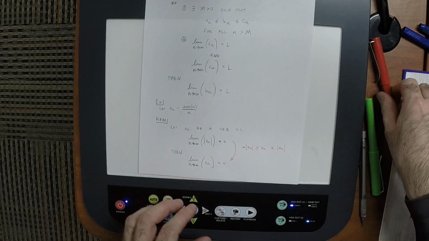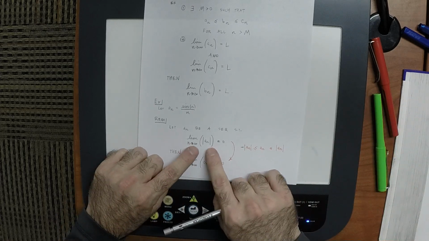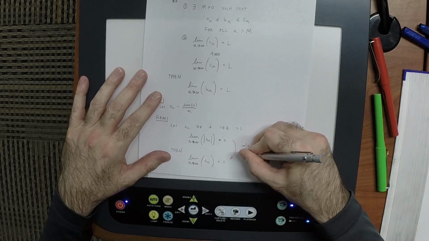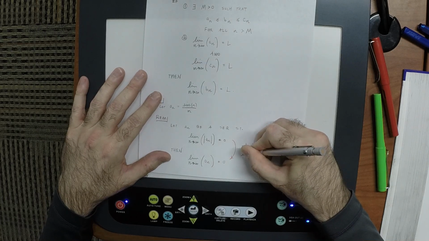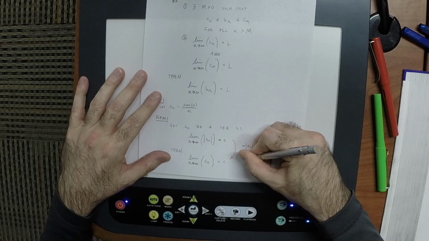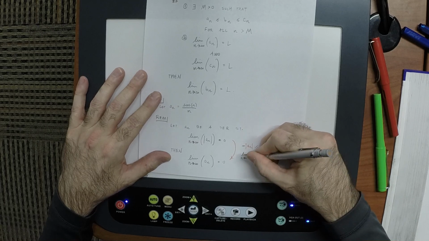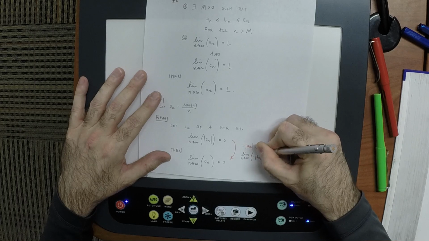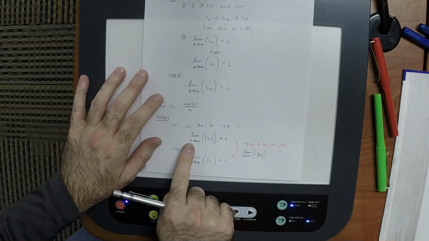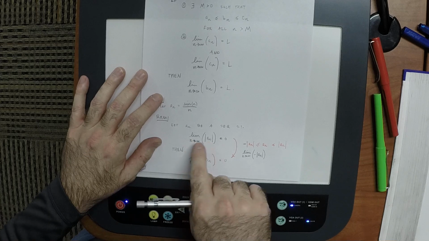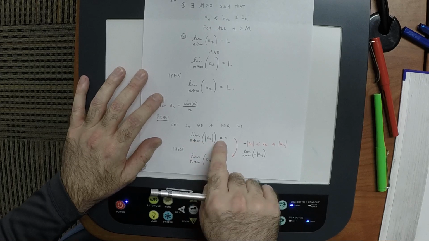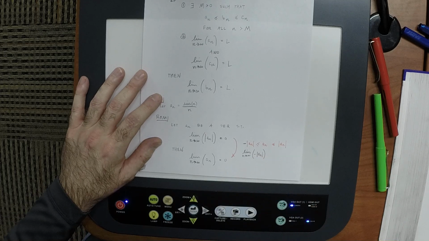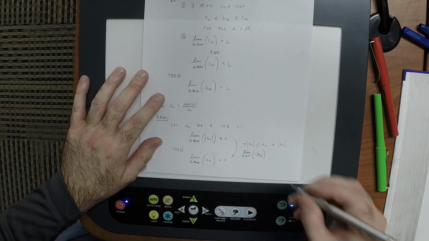And furthermore, since this thing is true by supposition, and because limit is homogeneous, which is to say that you can factor constants out, we can say that the limit of negative absolute value of a n, we know what that must be. Since the limit of absolute value of a n is 0, what's the limit of negative absolute value of a n? Negative 0, right? Or 0, if you like.